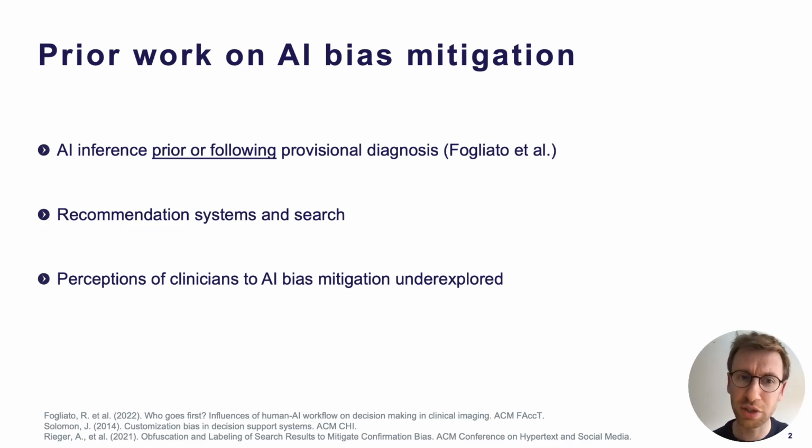And we also see some initial success in mitigating cognitive biases, for example in the area of recommendation systems or search interfaces. However, no prior work has explored how clinicians perceive AI bias mitigation techniques.